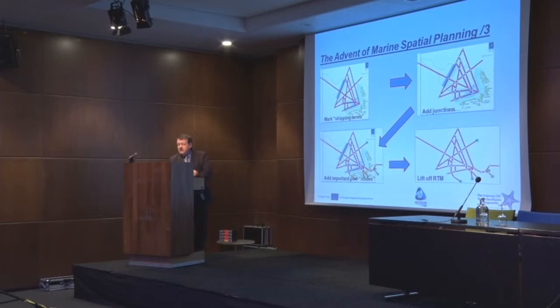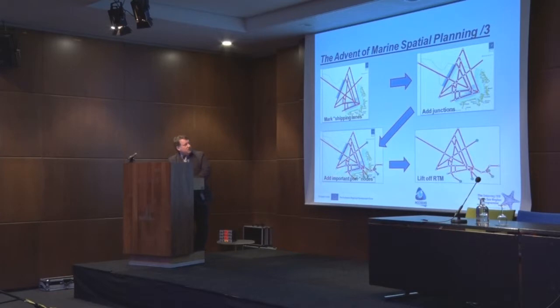Well, and the idea started simply taking, that's a very simple example of course, drawing lines through these shipping lanes, mark them basically, then identify the junctions where they meet, add important nodes, what we call nodes, for instance ports down here.